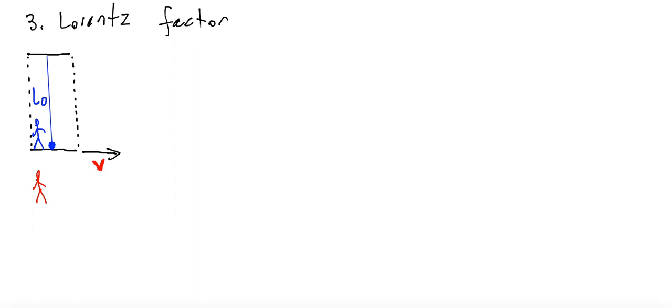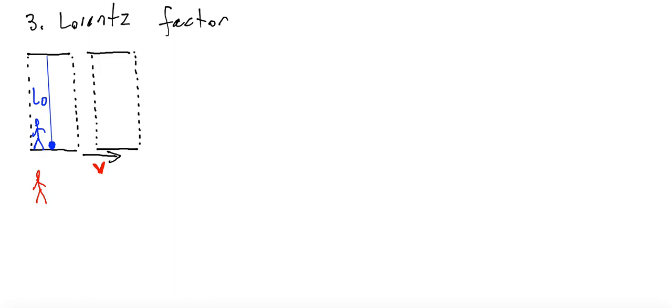But let's go back to the description of the situation from the perspective of the observer who is outside. Of course, when the clock moves to the right with speed v, the observer outside sees the movement of this clock to the right. So let's imagine that in the time the photon needs to travel the distance between the lower mirror and the upper mirror, the whole clock with the photon moves to the right.